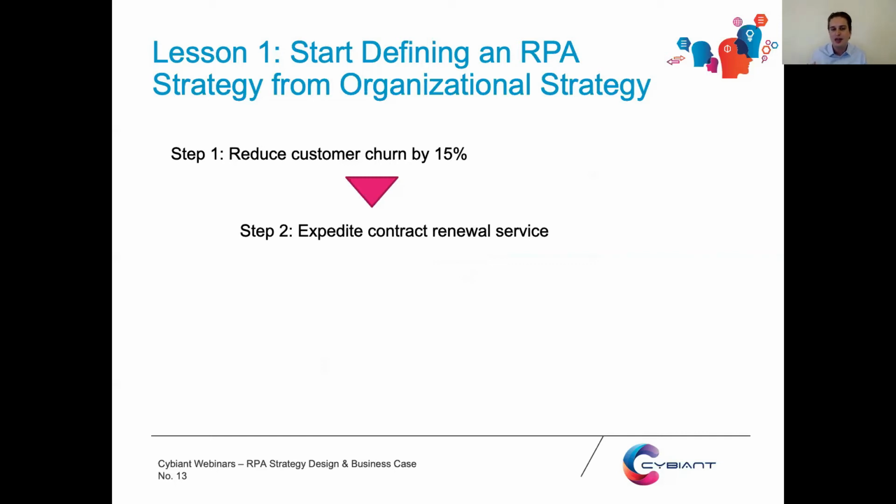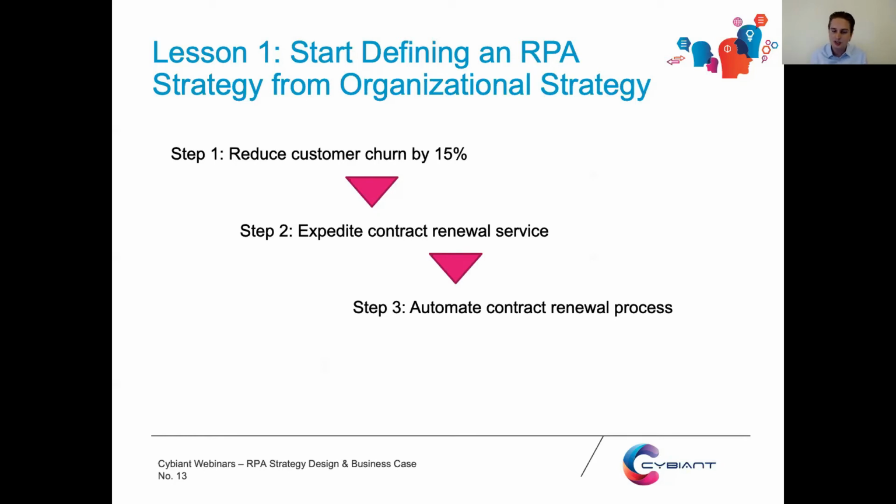So we want to have an expedited contract renewal. That is the business objective, which is then coupled to an RPA benefit, because one of the key benefits of RPA is that we can expedite things quickly by doing them automatically. So if we've made this match, we can start to look at the automation of the contract renewal process.